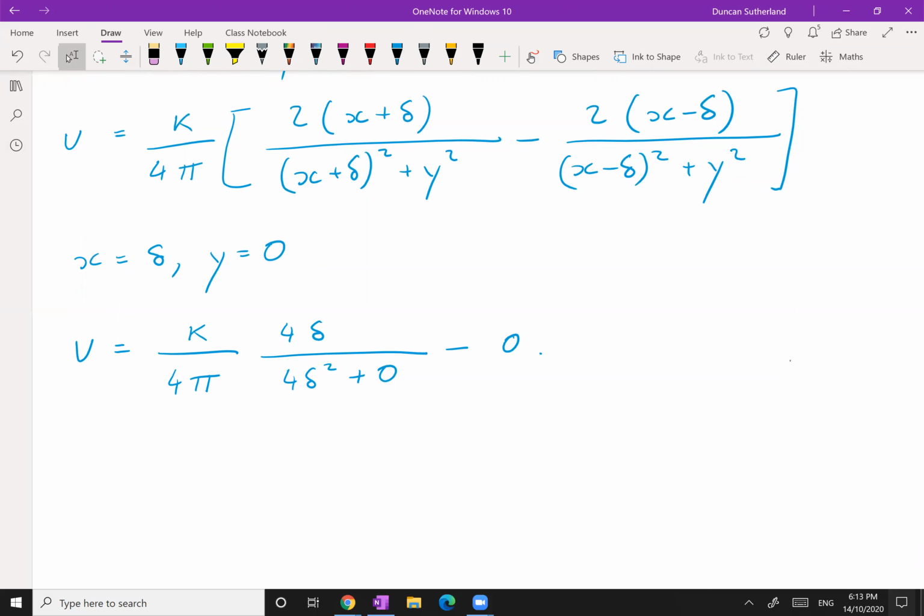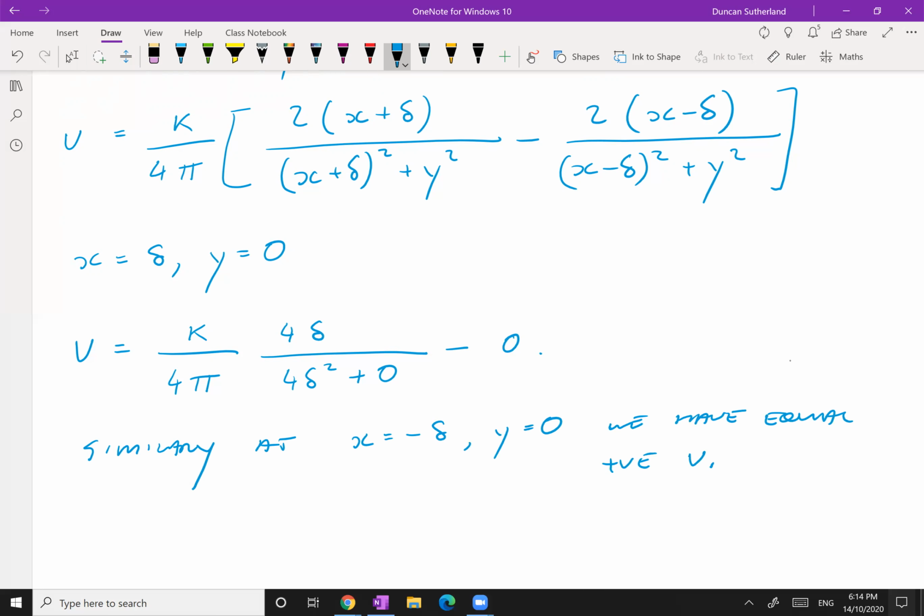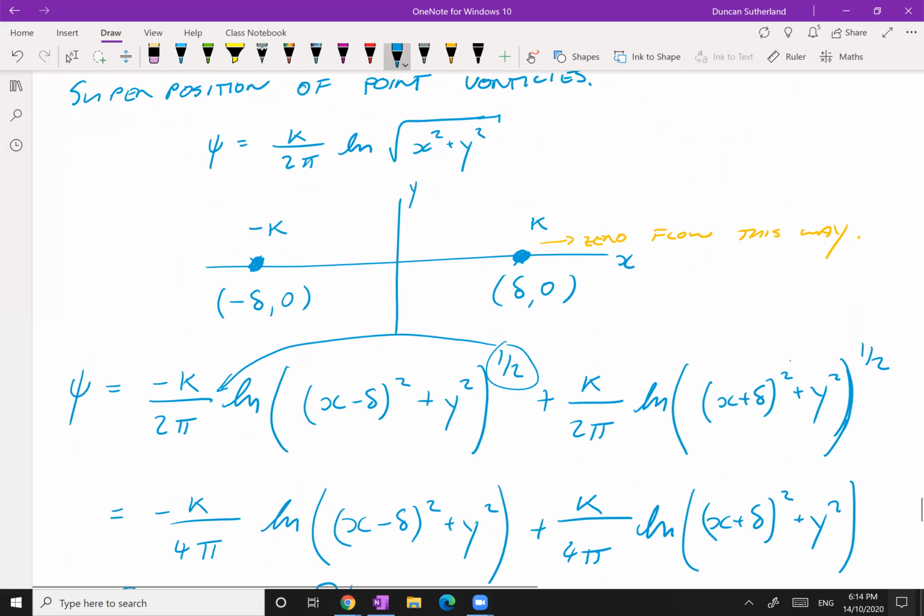What happens at the other vortex center is there's also a positive v velocity. So what this suggests is that these vortices are going to travel upwards, right?